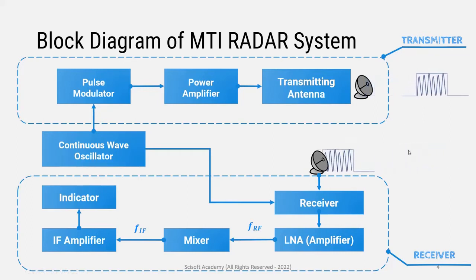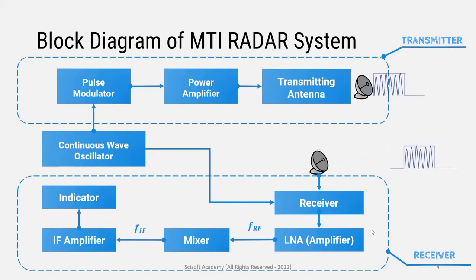Post that, the generated pulses are going to be amplified, then transmitted into the airspace. On the other hand, when we receive the reflected signal from the target, the receiver section is going to have an antenna which will be responsible for reception of the reflected pulses. Those pulses are going to be given to the low noise amplifier, which helps us to get the radio frequency of the incoming signal, and then it will be given to the mixer for determining the intermediate frequency.